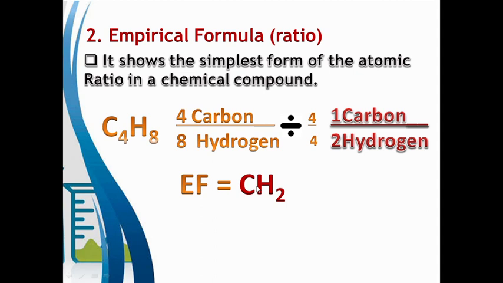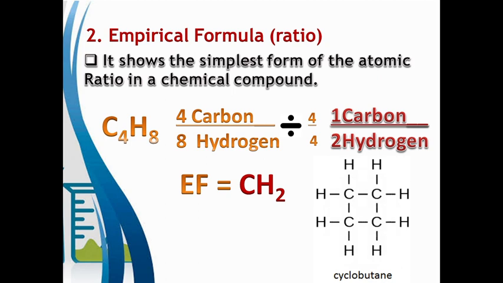It is understood that this is the simplest or most reduced formula, the empirical formula of cyclobutane. Cyclobutane has 4 carbons and 8 hydrogen in its molecular formula.